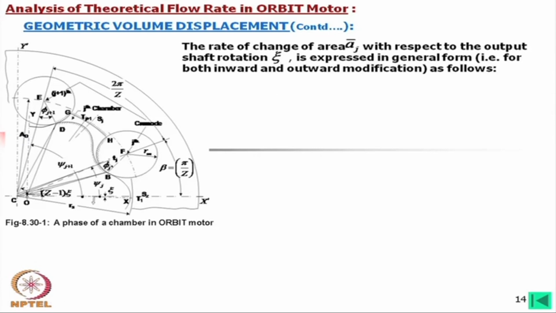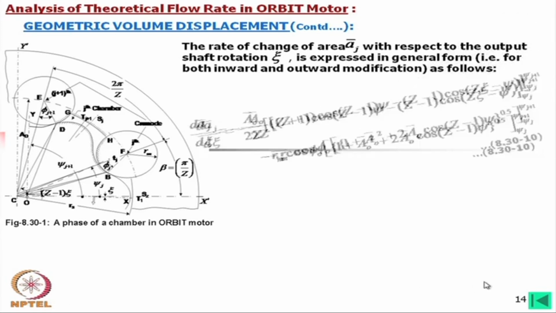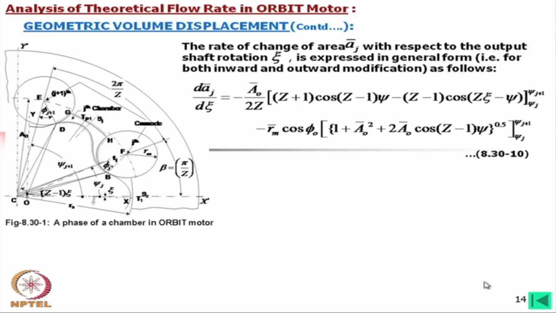The rate of change of this area with respect to the output shaft rotation is expressed in general form for both inward and outward modifications as follows. Now, what we have done, we have first calculated this area.